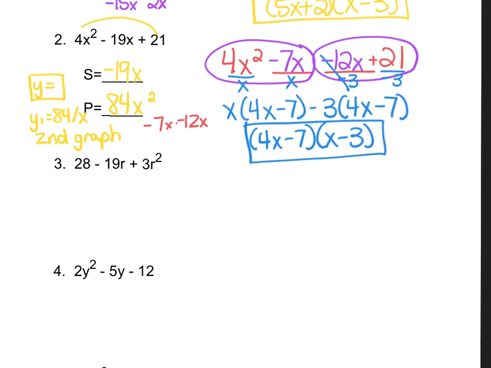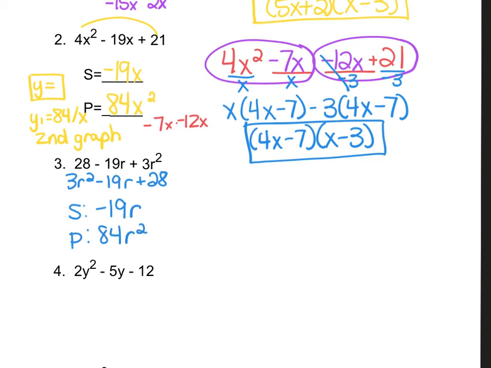So for number 3, it doesn't really matter, but I always like it written correctly, so I'm just going to rewrite this where we start with the highest exponent like you're supposed to. And so I want a sum of negative 19r and a product of 84r squared.